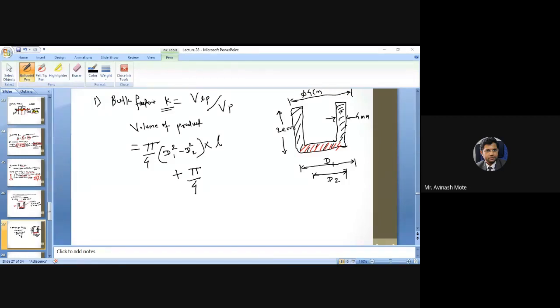Now if you see the vertical part, this vertical part we have considered in the wall only, this much up to this one. So we need to consider only from this area to this area. Are you getting? This only volume we require, because this is covered in the vertical volume.